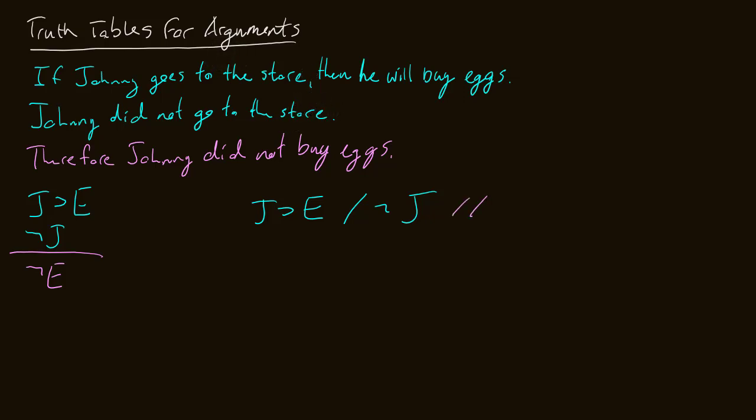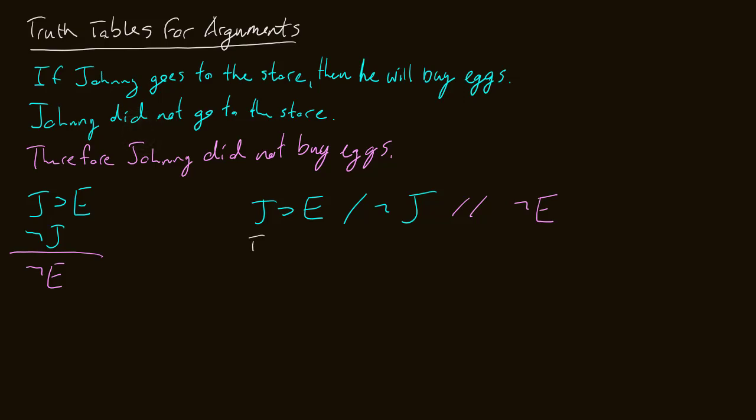And then our conclusion is not E. And now what we have to do is complete the truth table. And if on any line we have a situation where our premises are true and the conclusion is false, then this is an invalid inference. Otherwise, the argument is valid. So let's do our truth table.